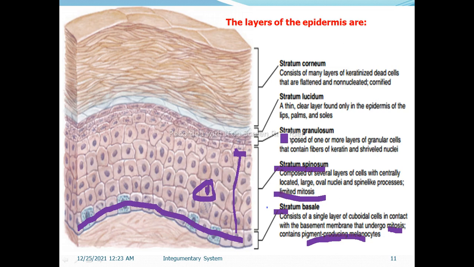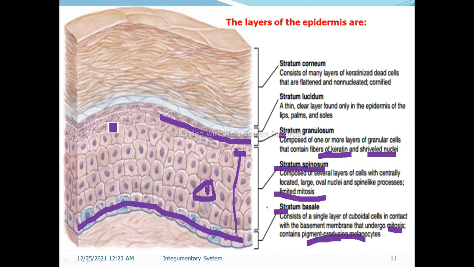The third type of layer is known as stratum granulosum. It is composed of one, two, three or more layers of granular cells that contain fibers of keratin and shriveled nuclei.